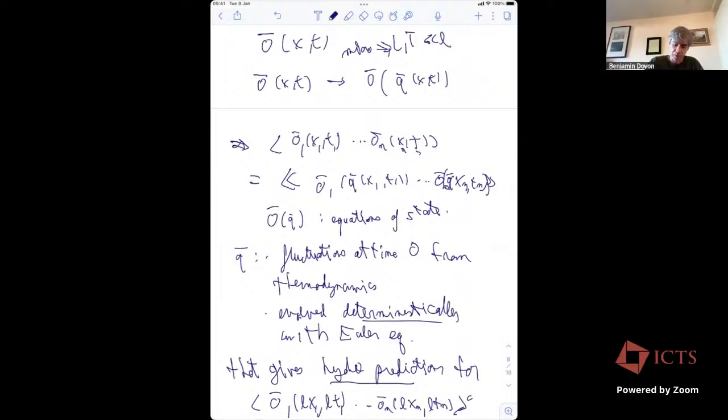Yeah, so the equation of state, this is a good question. What are these functions, right? And you have to determine them.